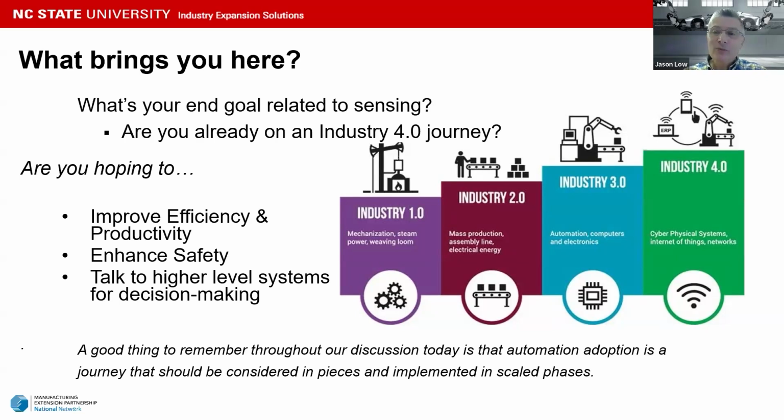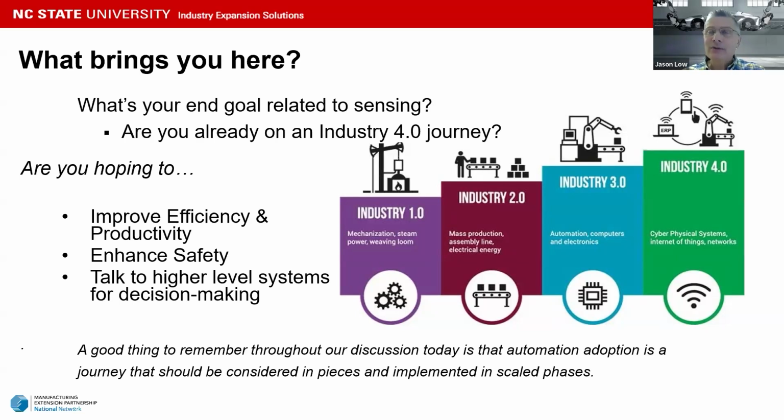So what would we want to be doing with these devices? Well, we certainly want to make things easier in our lives, right? So back to our appliances and our cars, smart sensors help us with that, make things easier in our lives. But in production, we want to make things more efficient. We want to increase productivity. We probably have an interest in safety.